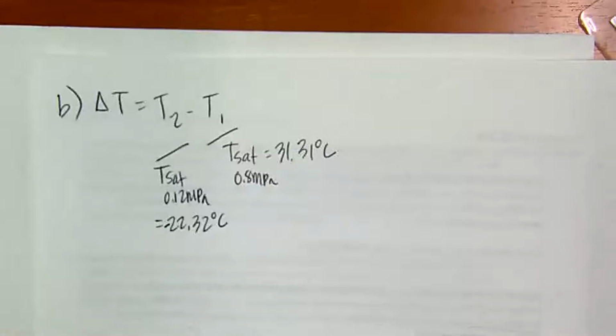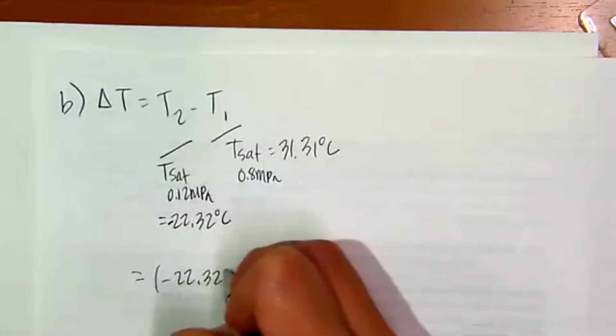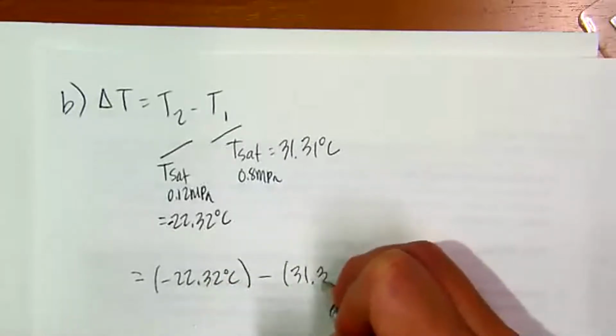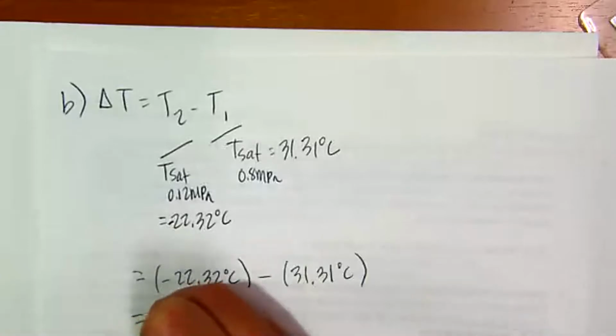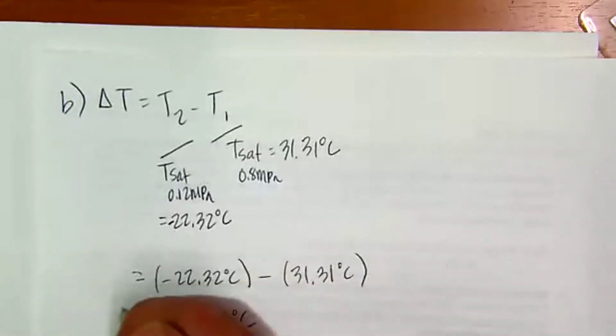And this is made easy because we are told that it's a saturated liquid and then a mixture, so we're only ever using table A12. So then our temperature equation just becomes negative 22.32 degrees Celsius minus 31.31 degrees Celsius, which is equal to negative 53.63 degrees Celsius.